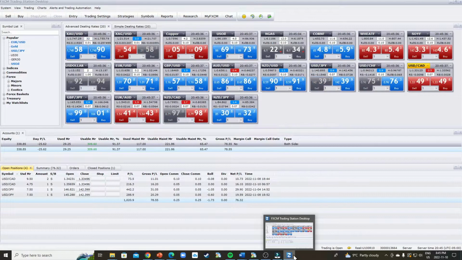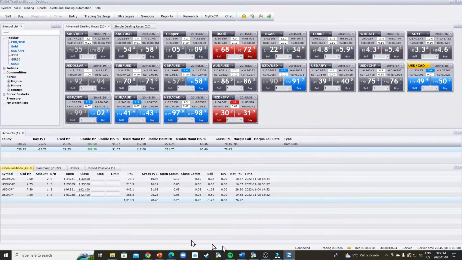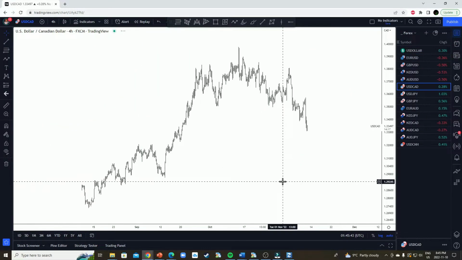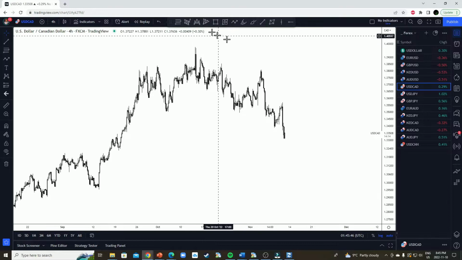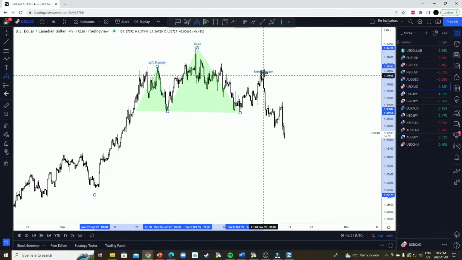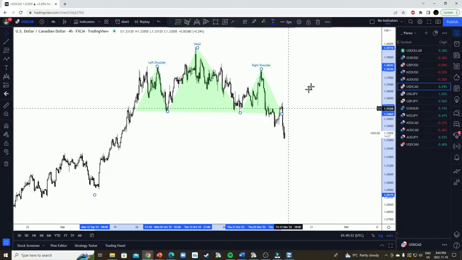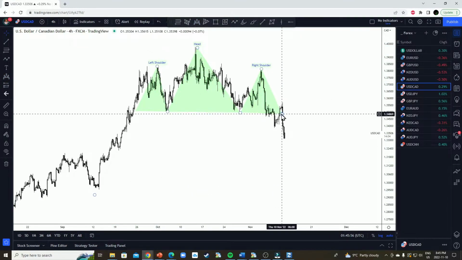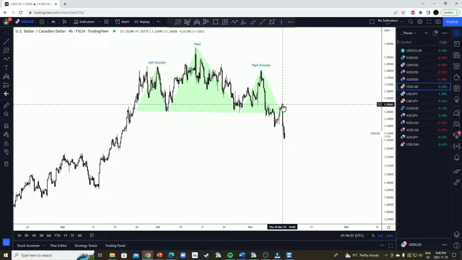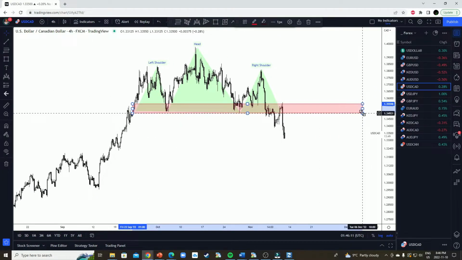Not to affect too much the account, but the thing is, if we look at the Canadian dollar now, I really want to keep this position, because here we have a head and shoulder reversal pattern. So as I'm seeing this, I shorted here and this zone, and it retraced against me. And then I shorted again over here because I was convinced that this was just a test of this now resistance.